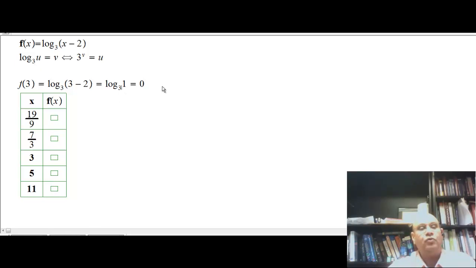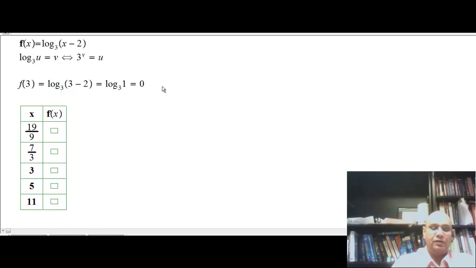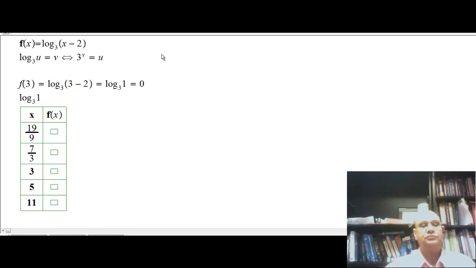So now what we are looking at is this. You're just simplifying 3 to the 0 is 1, and that's how I'm getting that value to be 0.